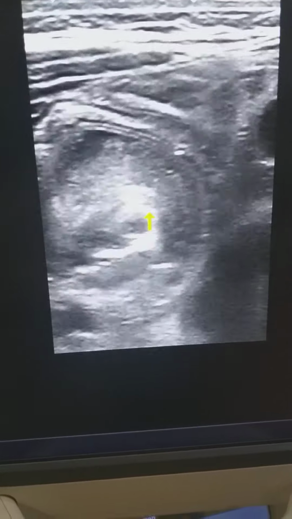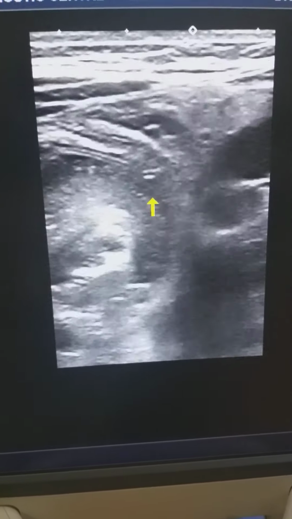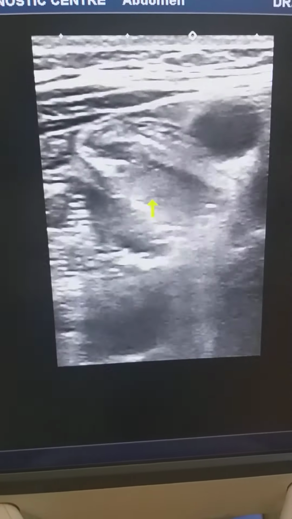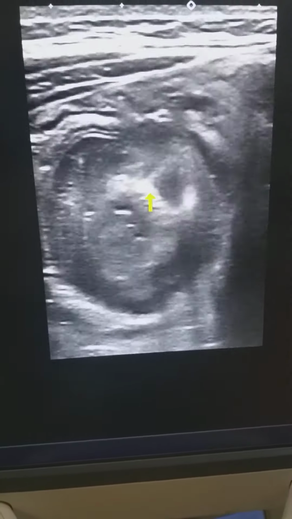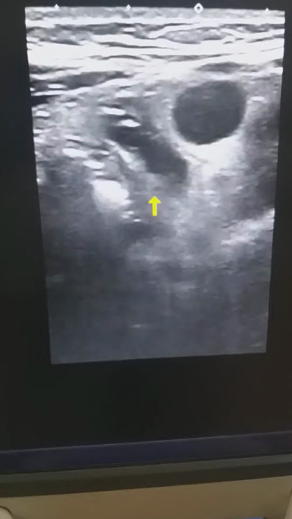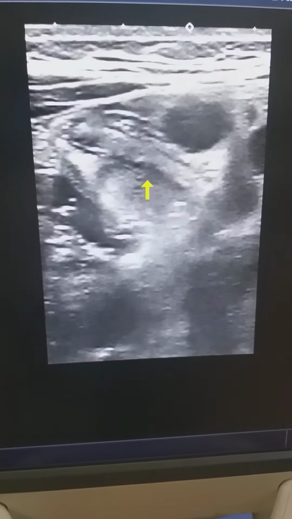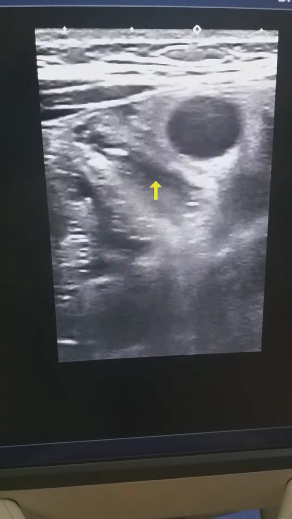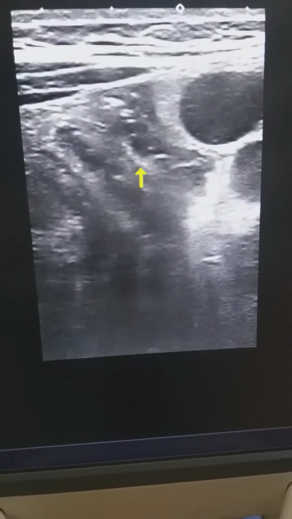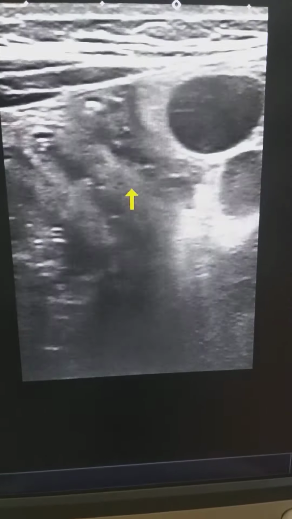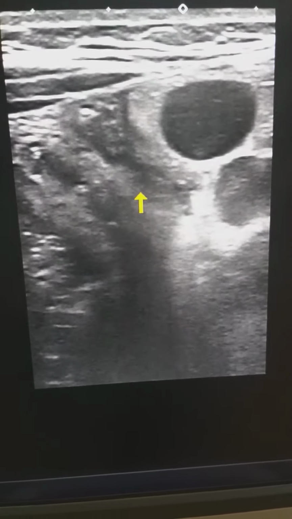The main interesting thing is that usually there is a lead point in the adult and children population. And if there is a case of intussusception, we should search for the lead point.